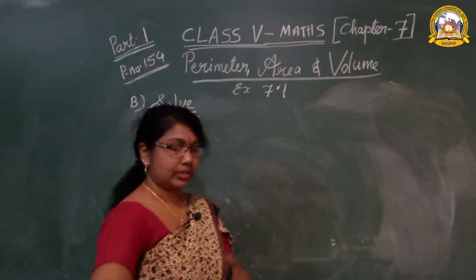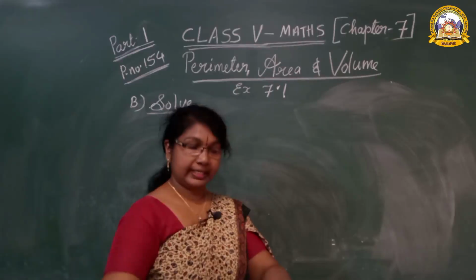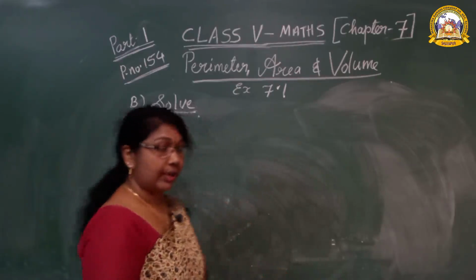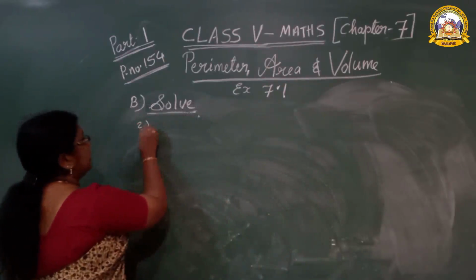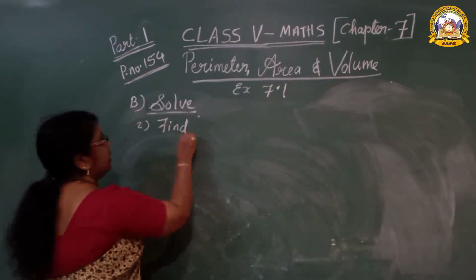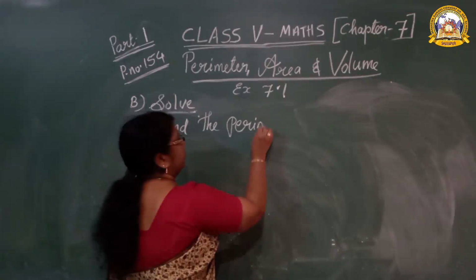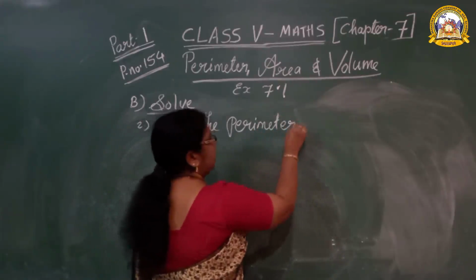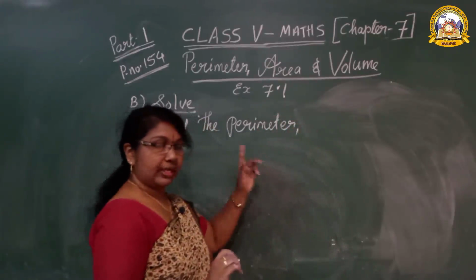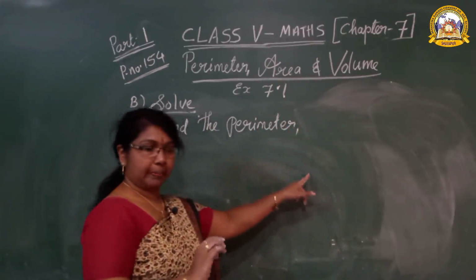Second question. We have to find the perimeter of a rectangle. Find the perimeter of a rectangular sheet of paper.